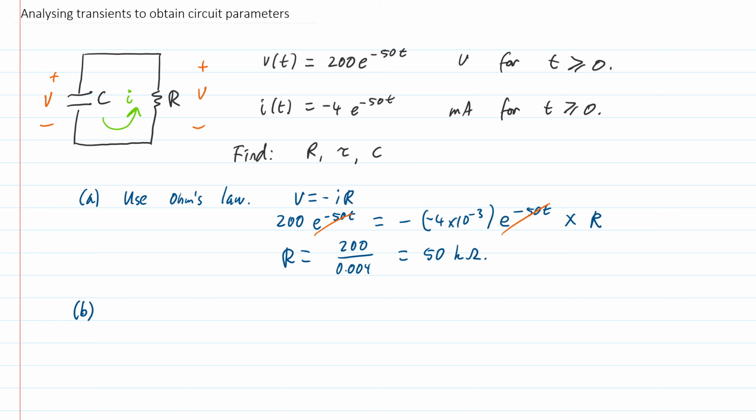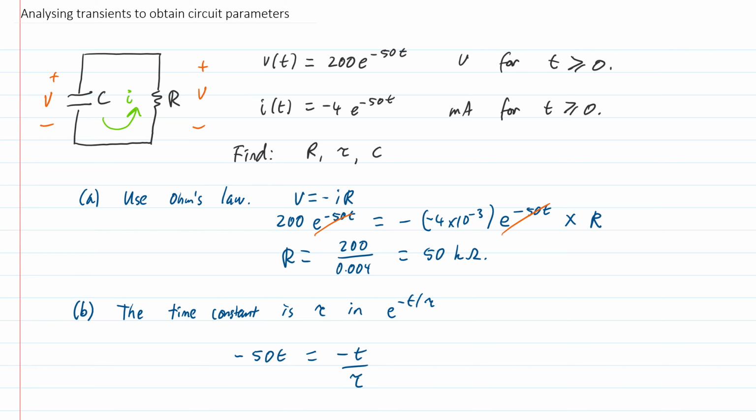Then the question asks us, what's the time constant? The time constant is the value of tau in e to the negative t over tau. What we observe in our actual expressions is negative 50t, so negative 50t is equal to negative t over tau.